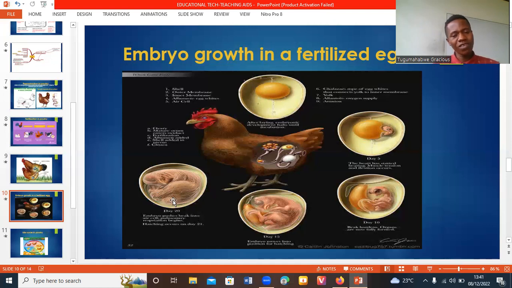That is showing that there is a variation in growth within that egg that has been fertilized. There must be variation in the embryo features. So it grows and grows until it becomes a chick.